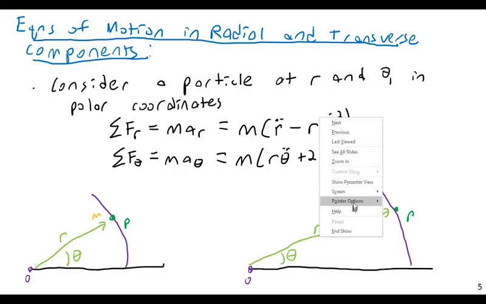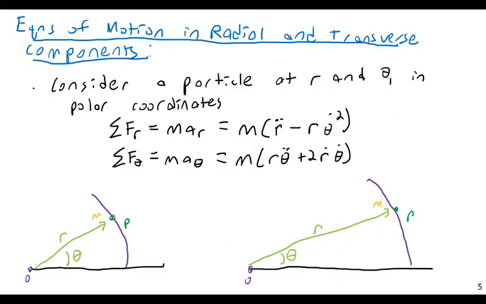And the force, it will have forces acting on it in two directions. Instead of looking at x and y, I'm going to look at the summation of forces in the radial direction, and the summation of forces in the angular direction. Summation of forces in the theta direction, or the tangential direction, or transverse direction.